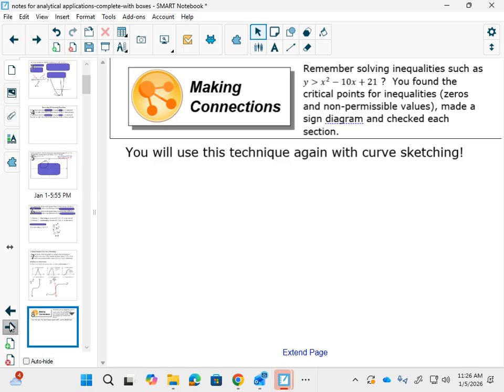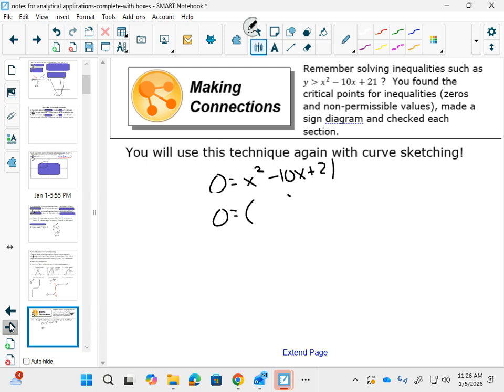So I talked about this earlier. Do you remember solving inequalities? In inequalities, if you were to solve this equation, you would set it equal to 0. You would find out where it's equal to 0 by factoring.